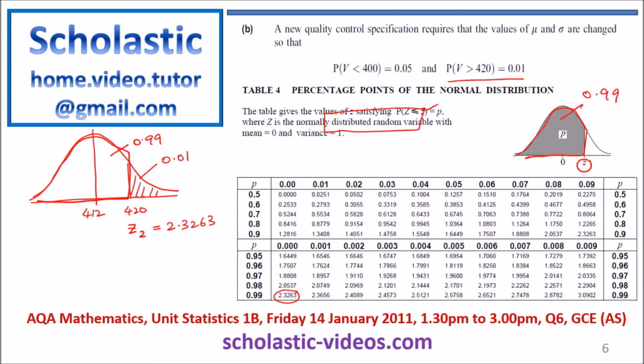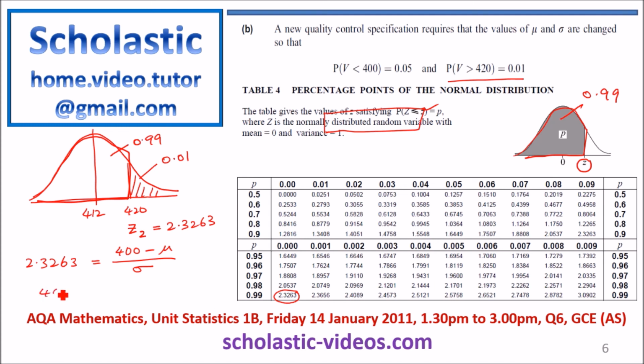Now we have to do a simple thing. Just use the equation Z equal to 2.3263 equal to x minus mu divided by sigma. So that's our conversion. When you do the cross multiplication, we will get the answer.